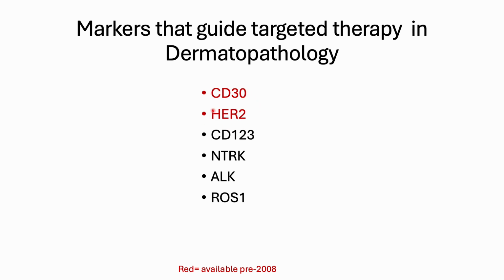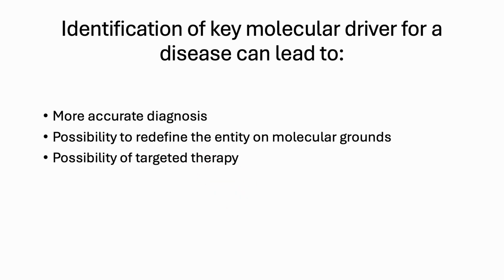HER2 for anti-HER2 antibody conjugates. CD123, there's a new antibody that targets CD123 expression in blastic plasmacytoid dendritic cell neoplasm. And then these Spitz tumor fusion drivers are also useful for soft tissue tumors that have fusion drivers, and there are good drugs to target these available now.